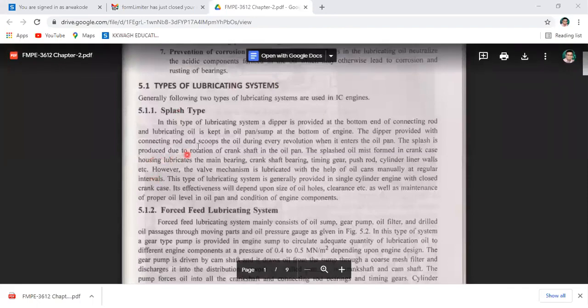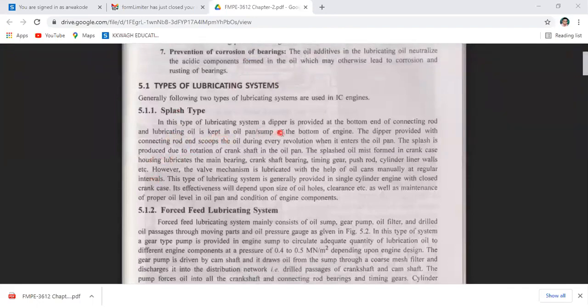The first one is the splash type lubrication system. In this system, a dipper is provided at the bottom end of the connecting rod, and lubricating oil is kept in an oil pan at the bottom of the engine. The dipper scoops the oil during each revolution when it enters the oil pan. The splash is produced due to rotation of the crankshaft in the oil pan.